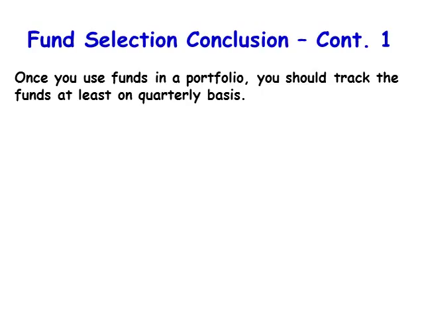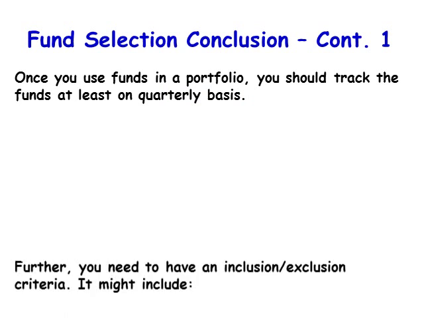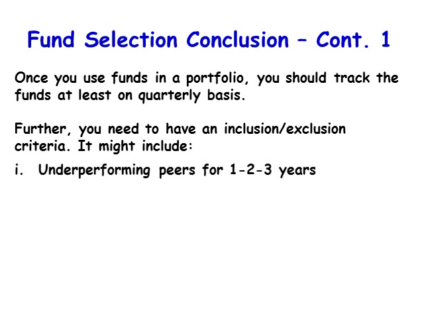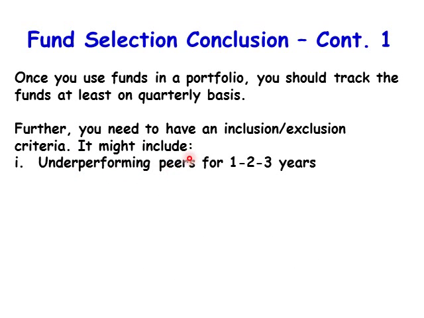Once we use the funds in a portfolio, you should track the funds at least on a quarterly basis. Further, you need to have inclusion exclusion criteria. It might include something like this: underperforming peers for 1 year, 2 years, or 3 years. Usually, any decent manager can have a bad year, but if you have 2 bad years, then you need to be careful.